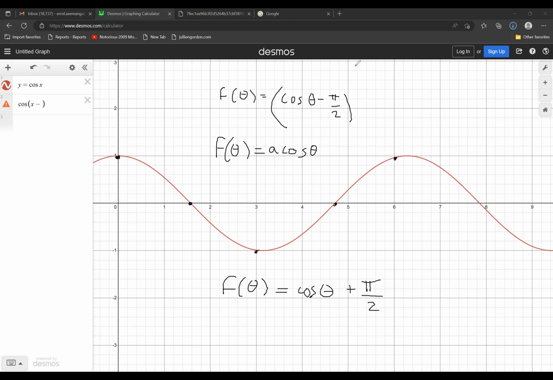If the a value is less than 1, like half, for example, or 1/3, it's going to be compressed. If it's bigger than 1, like say 5 or 7, it's going to be extended. What's the right word? Expanded in that direction.